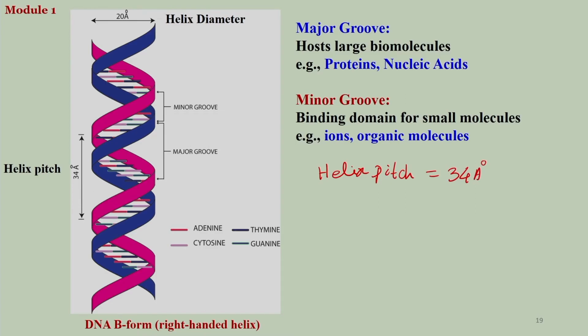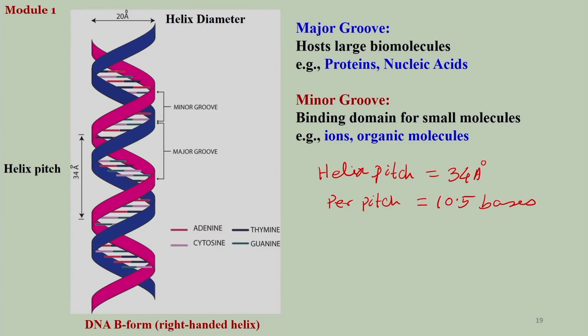And per helix pitch there are approximately 10 base pairs or 10 nucleobases, or exactly 10.5 nucleobases per helix pitch.